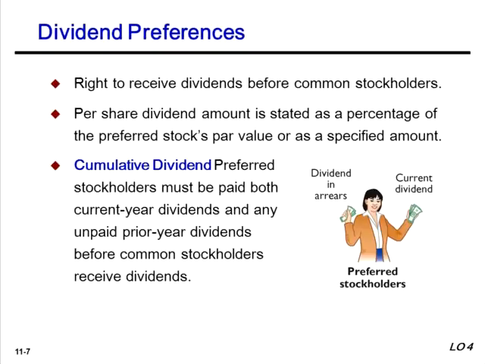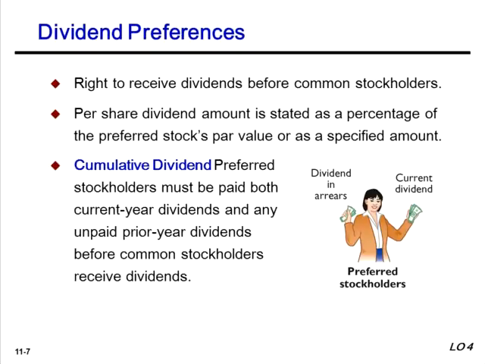Now, when it comes to preferred stock, the preferred shareholders have preference over the common shareholders in terms of dividend distribution. Also, for preferred stock, the dividend is stated as a percentage of par value or as a dollar amount. And whether it's a dollar amount or a percentage amount, that dividend rate does not change.